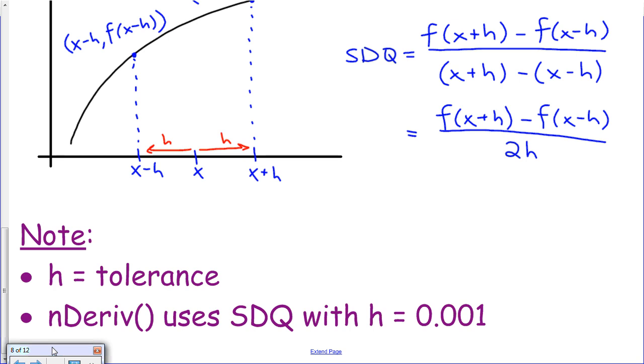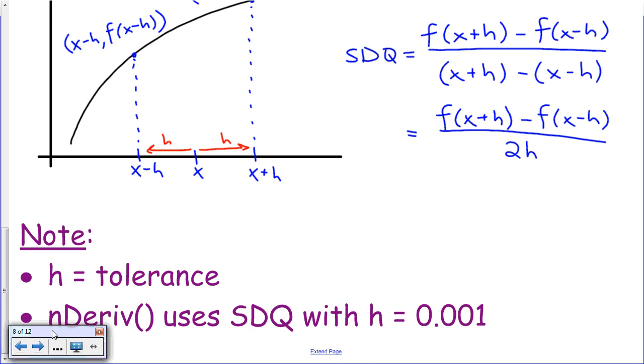We talked about that syntax there, so you can have it use any tolerance that you want. But by default, if you leave the tolerance as is, it's calculating just a symmetric difference quotient. So it's really nothing special there. It's just a quick way to calculate the slope on a really small interval on some function at a point. That's really all it's doing. That's why it's an approximation technique. It uses this exact same approximation technique we're talking about.